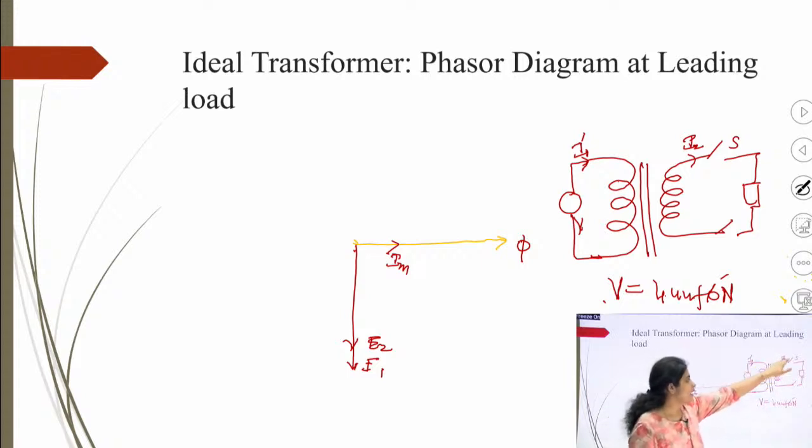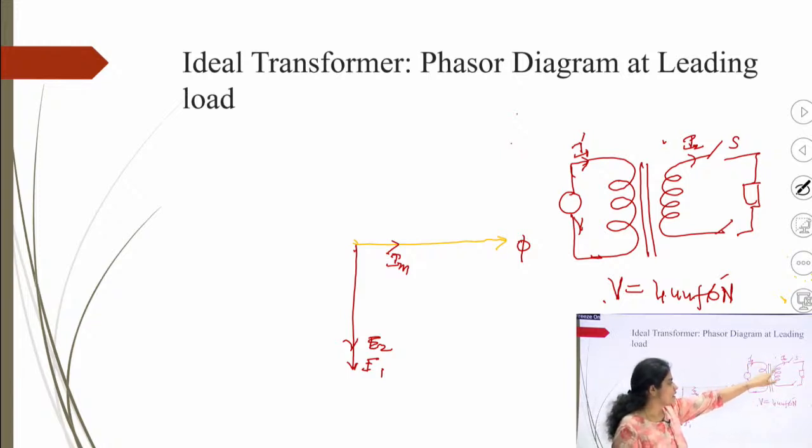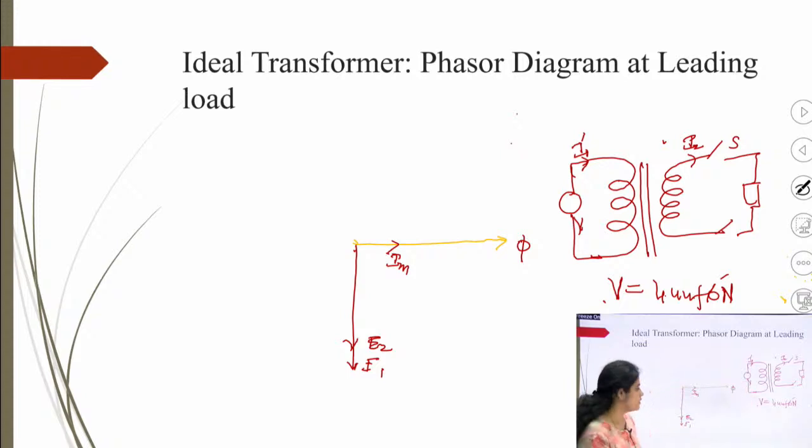So whenever I2 starts flowing, an equal amount of current will flow there, so that the effect of I2, due to I2 the MMF N2 I2 that will be produced, must be nullified by this I1 dash current, right. So that this transformer will confine only the constant amount of flux.